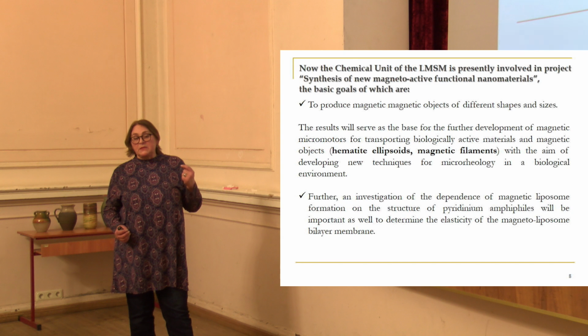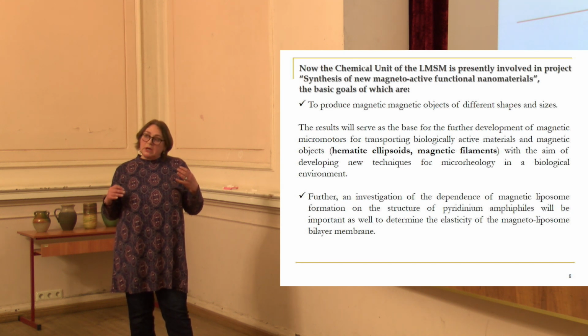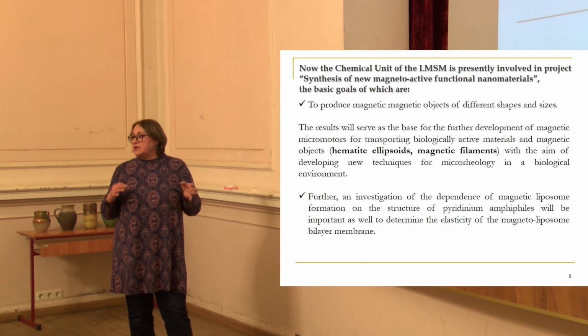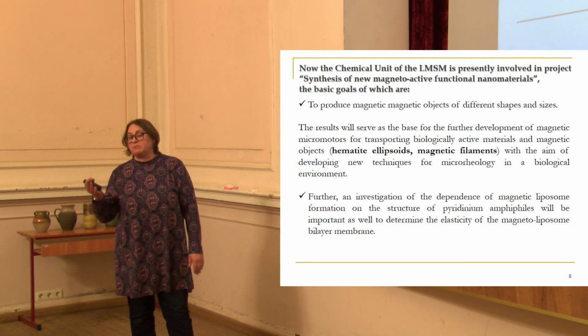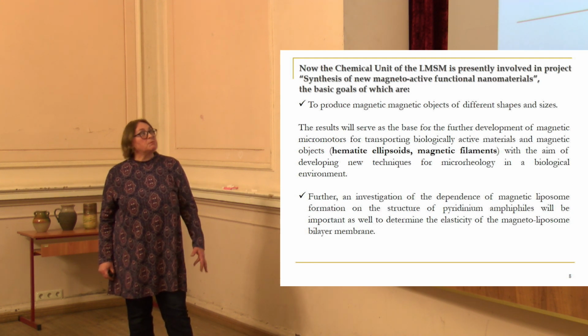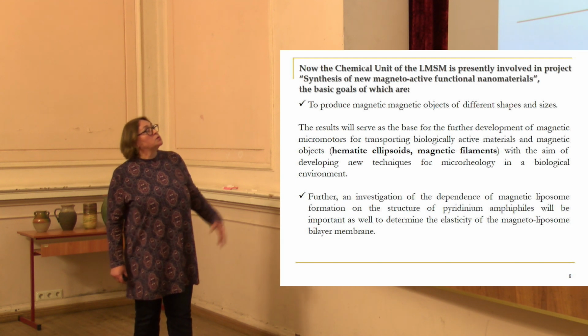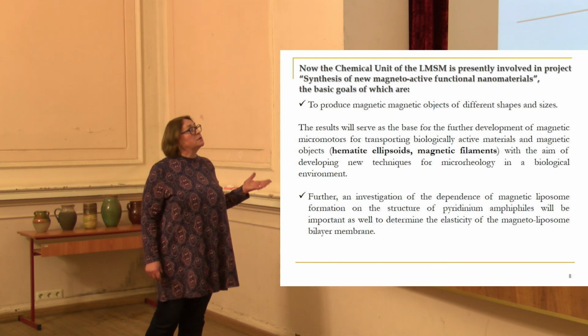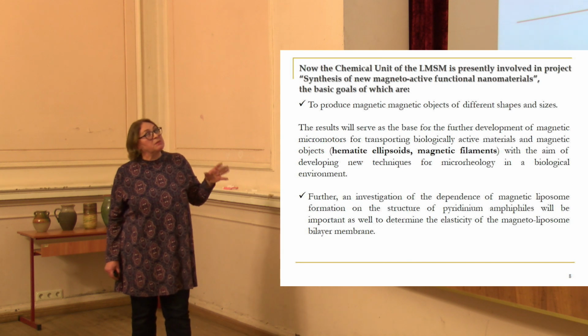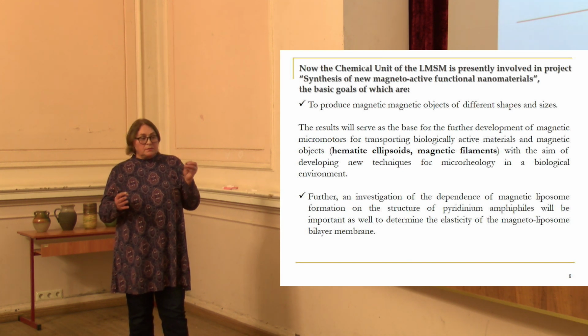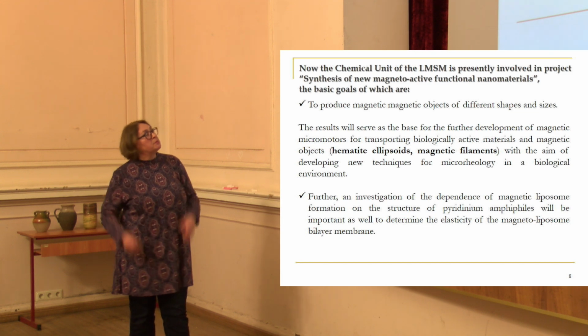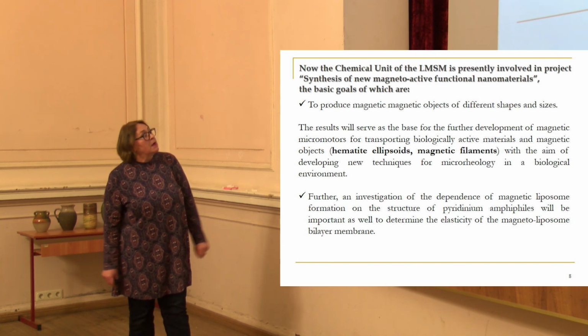I want to apply not only the precipitation method but others, maybe electroformation, maybe thermal decomposition, to obtain hematite ellipsoids, magnetic filaments, and maybe tablet-like nanoparticles and others.